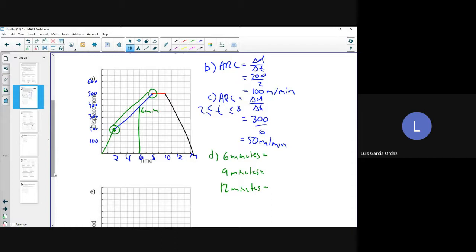Right, 50 meters per minute, which means her instantaneous rate of change at 6 minutes is 50 meters per minute as well, because the line in our distance time graph is a positive straight line going up. So there's no real secant or tangents to find. So the instantaneous rate of change at 6 minutes is 50 meters per minute.